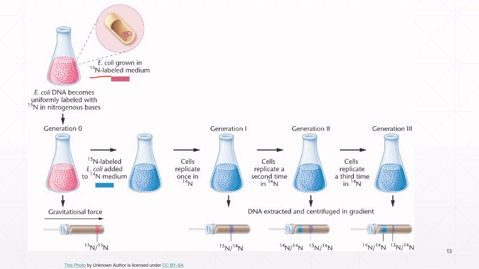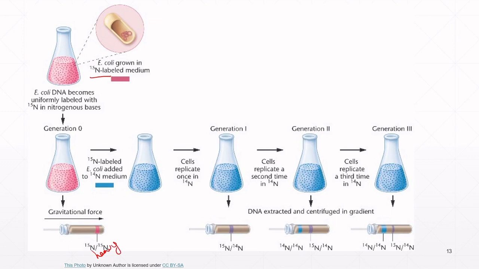When such cells were isolated and the DNA was isolated and subjected to density gradient centrifugation, a band is formed at the bottom of the centrifugation tube, and this is called the heavy band.